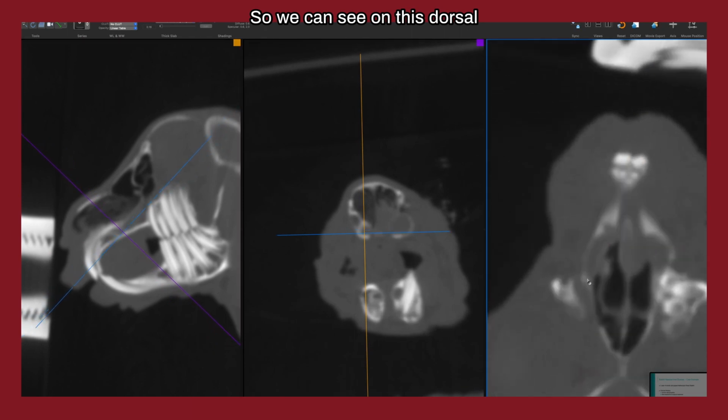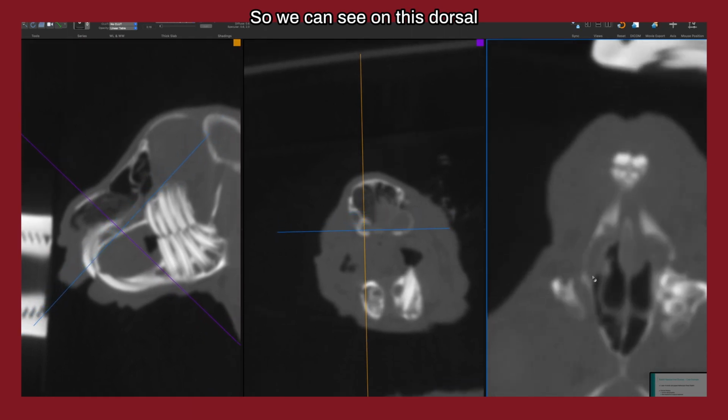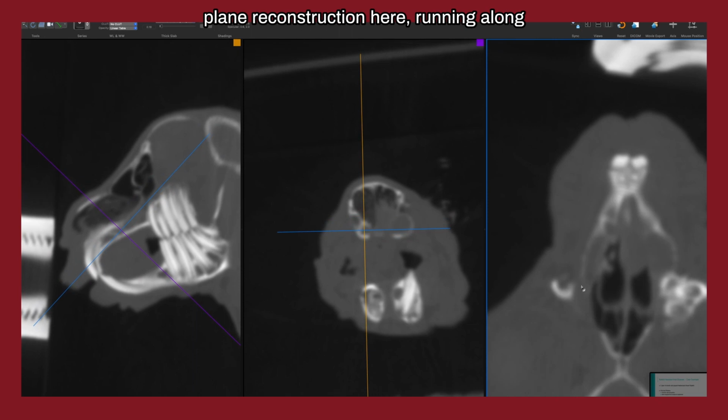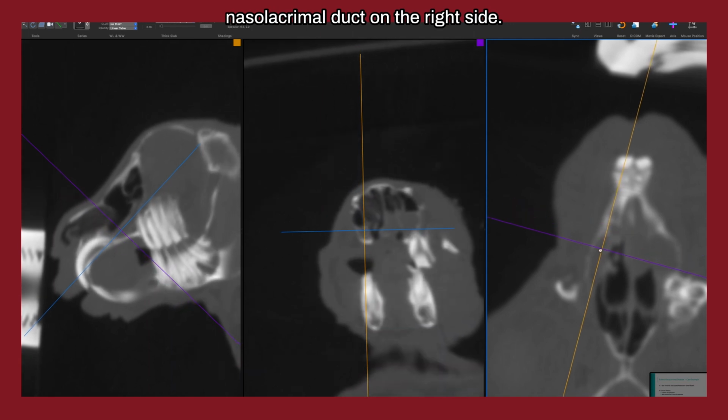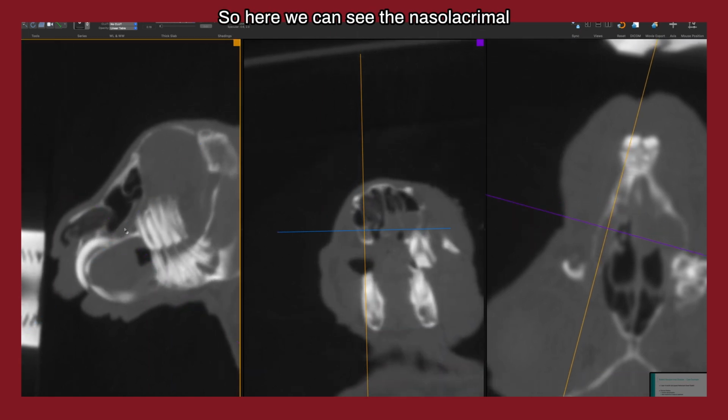So we can see on this dorsal plane reconstruction here, running along the lateral aspect of the nasal cavity is the normal nasolacrimal duct on the right side, and then on the left side we can see that it's quite dilated. Over here, this is again the normal nasolacrimal duct on the right side. So here we can see the nasolacrimal duct, and notice where it comes in here very close to the tip of the reserve crown of the maxillary incisor.